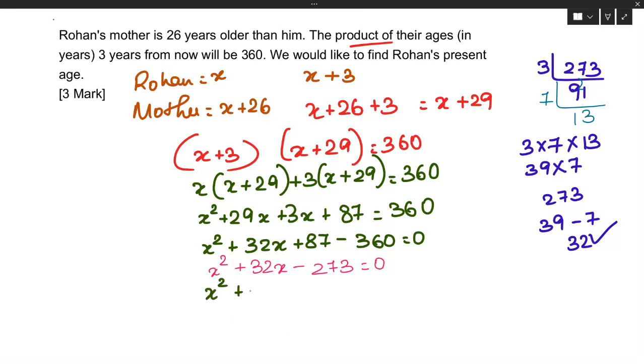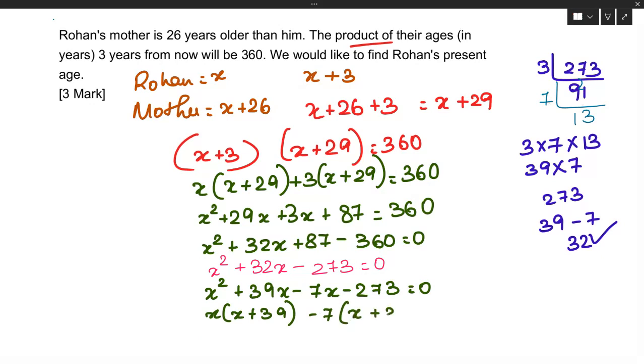X square plus 39X minus 7X minus 273, which is equal to 0. So (X plus 39) times (X minus 7) is equal to 0. So X minus 7 is equal to 0 and X plus 39 is equal to 0.